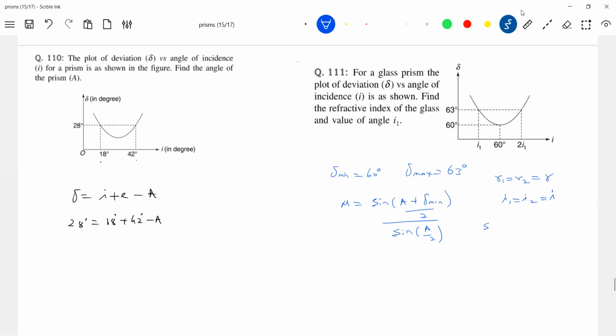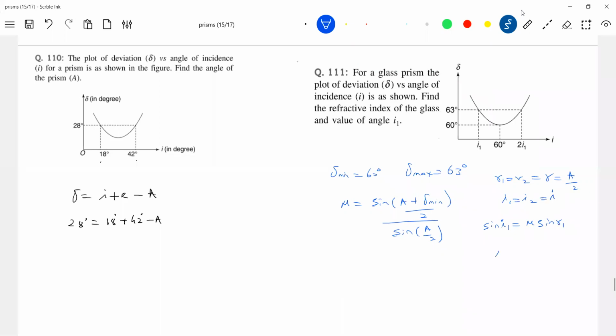So sine I equals mu sine R. And what is R1 plus R2? This should be equal to A by 2, the angle of prism. Because R1 plus R2 equals A, so R should be equal to A by 2.